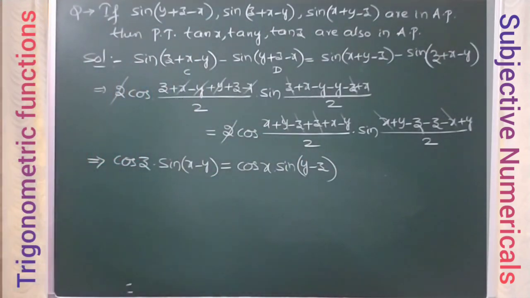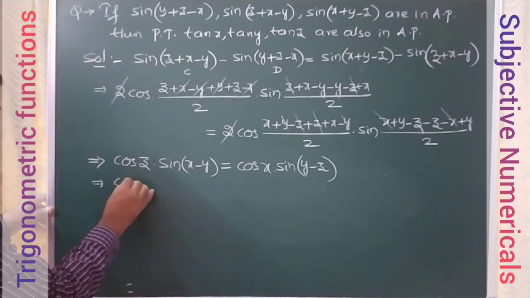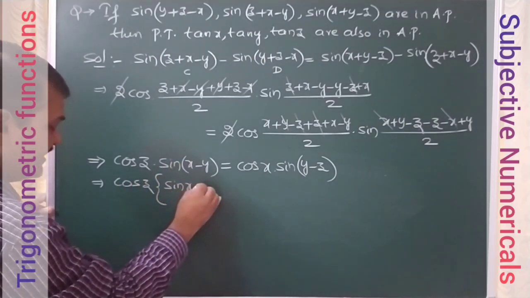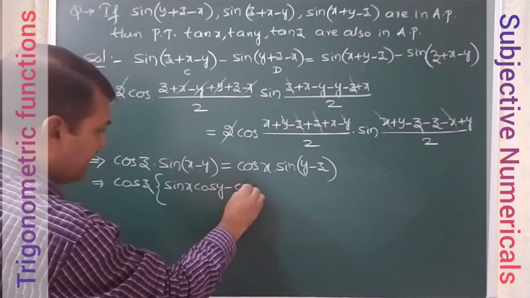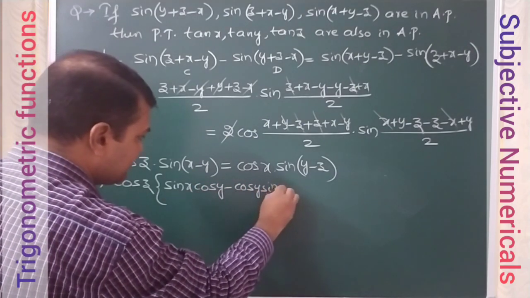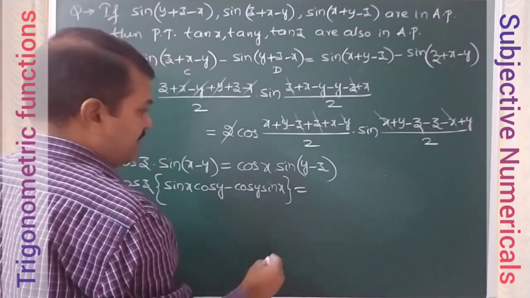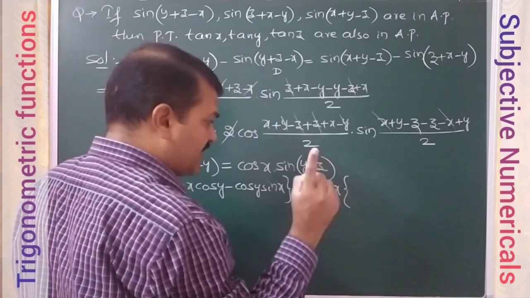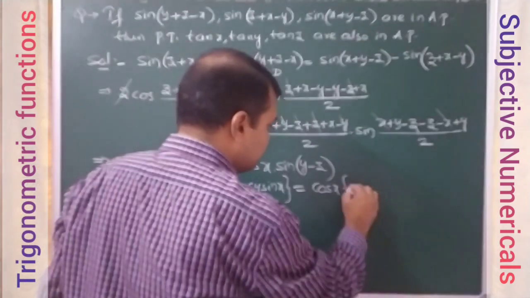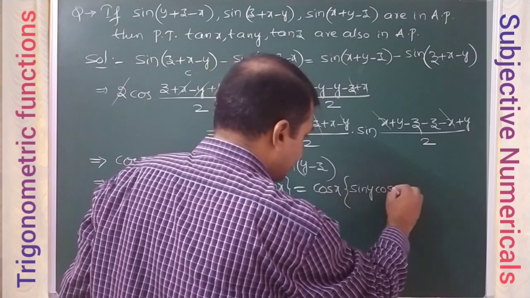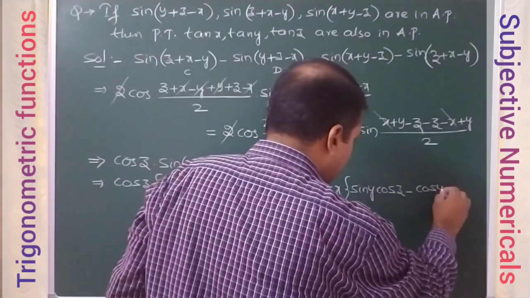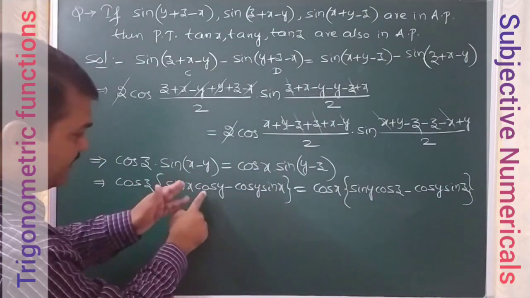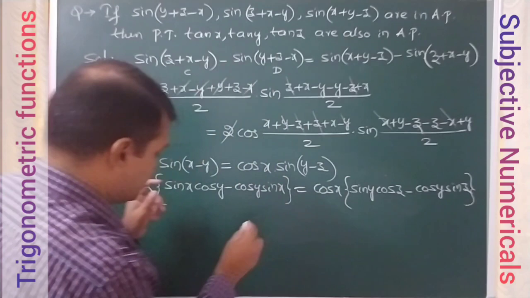Now let us use compound angle formulas here. So cos z into sine of (x − y) is equal to cos x into sine of (y − z). Compound angle formula, sine of (a − b): sin x cos y minus cos x sin y. Sine of (y − z) is sin y cos z minus cos y sin z. Multiply this with cos z, and this with cos x.